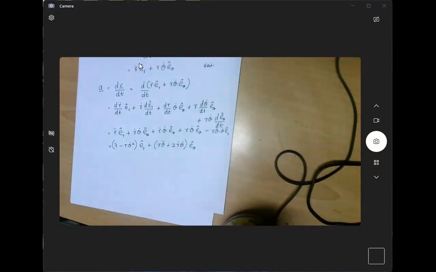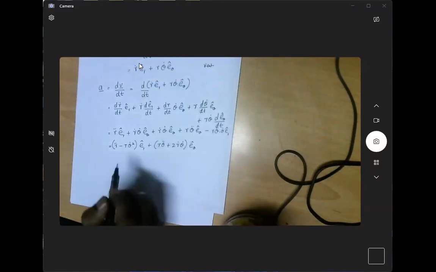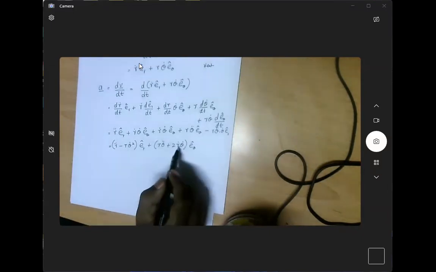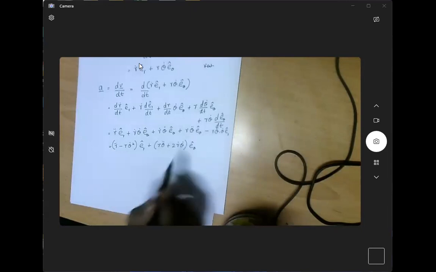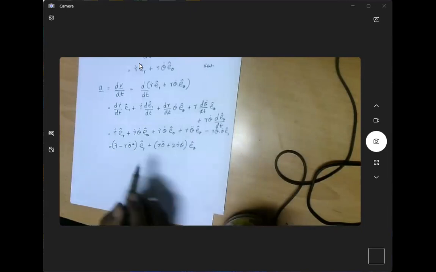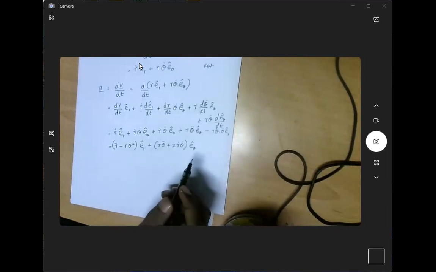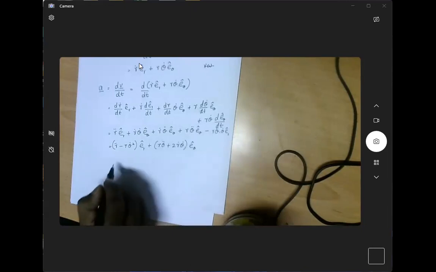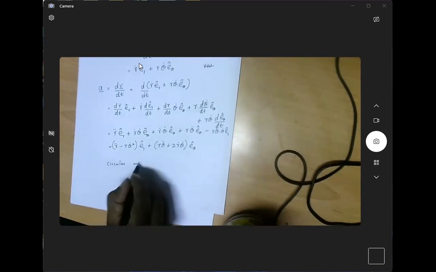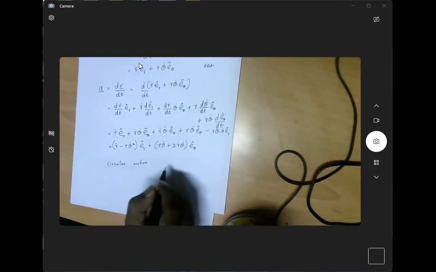Now, just like in the previous case, if the particle travels in a circle, what will happen? There won't be any r double dot or r dot components. We have r theta dot squared and r theta double dot. What are they in circular motion? So circular motion, r is constant.